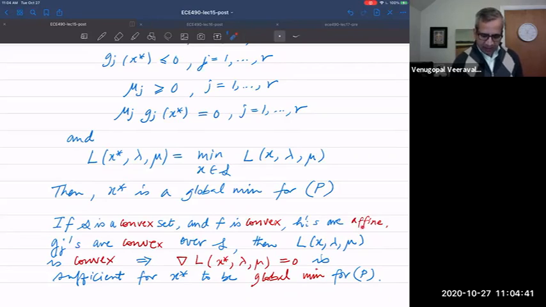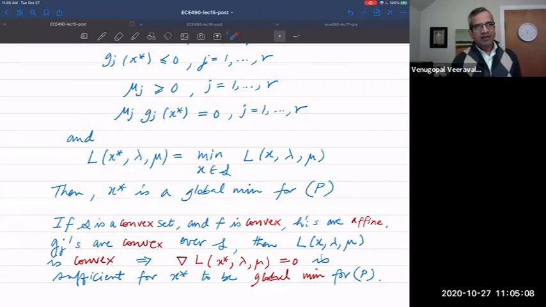So the hi are affine. Affine means linear plus a constant. A lot of people, when you have a constant in a linear function, still call it linear, but to be technically correct, you should call it affine. And if the gj are convex, then it's easy to see that the Lagrangian function, which will be f(x) plus lambda times hi, is convex.